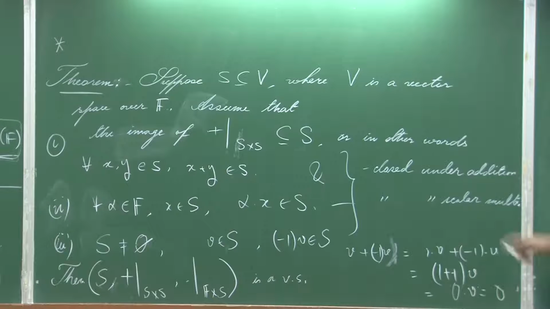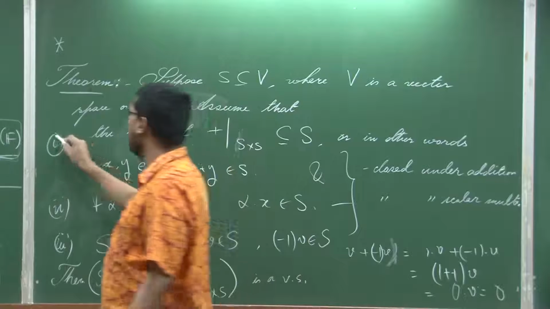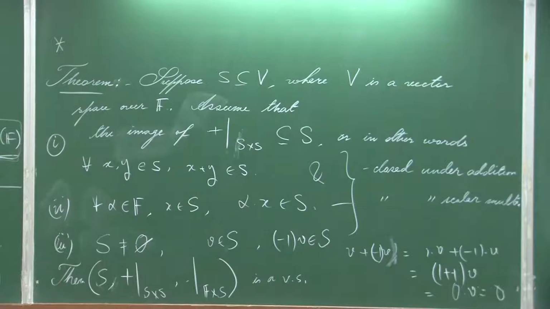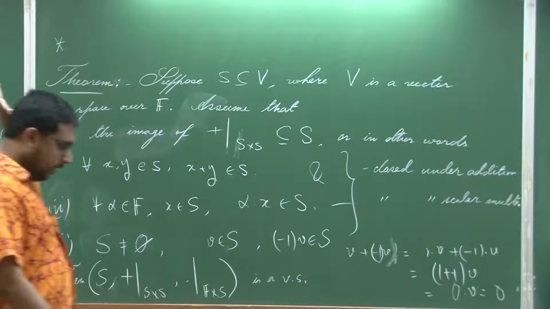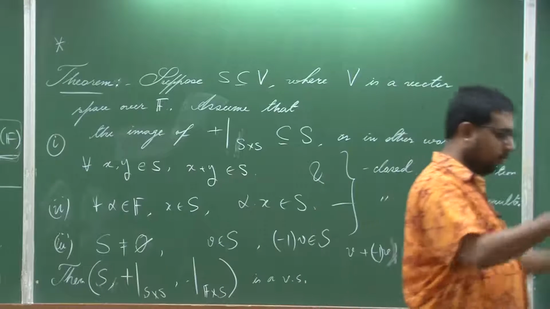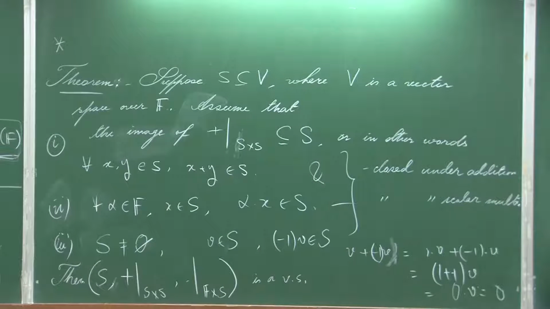So, we will see that in many of these examples which we are talking about, this theorem will save our energy, which is in principle to be spent on the verification of the properties.